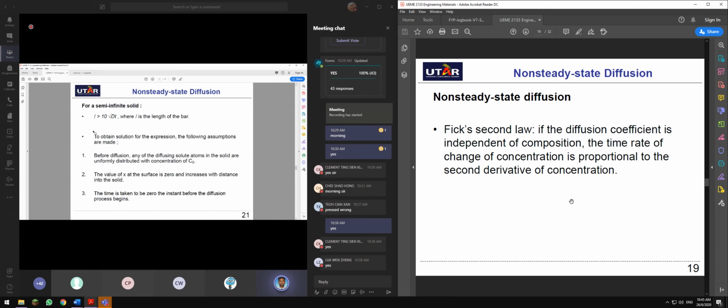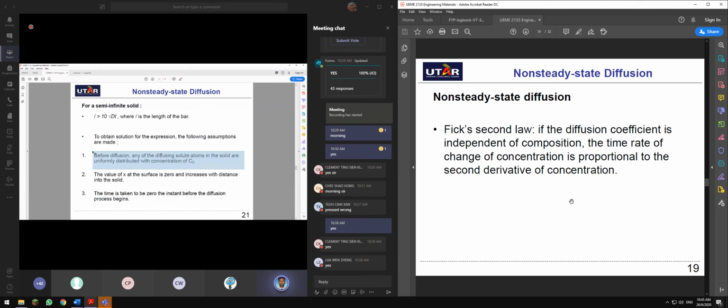To obtain the solution for the expression, the following assumptions are made. This is the expression given, and these are the assumptions. Before diffusion, any of the diffusing solute atoms in the solid are uniformly distributed with a concentration of C0.